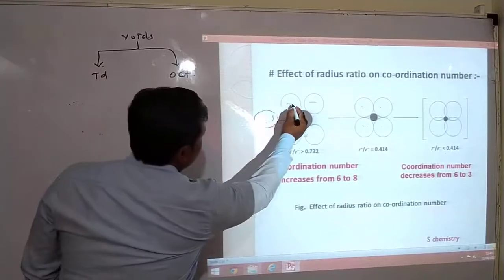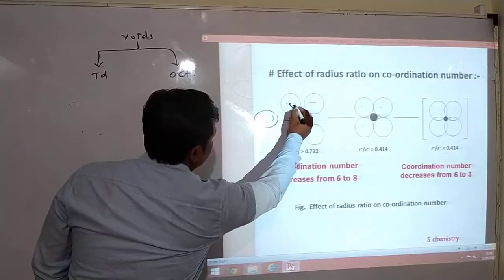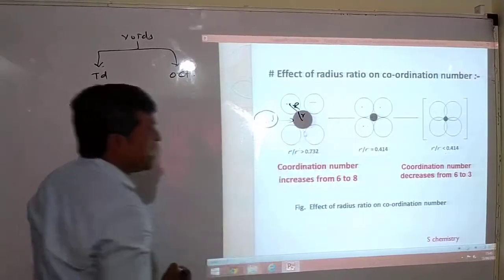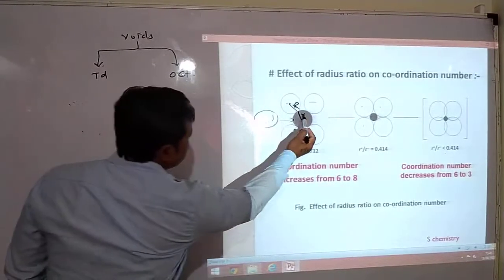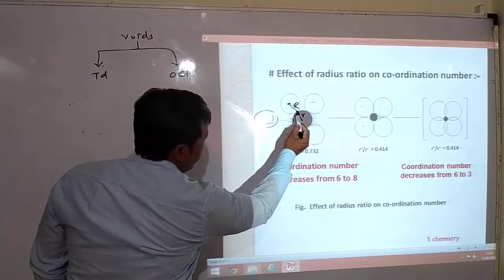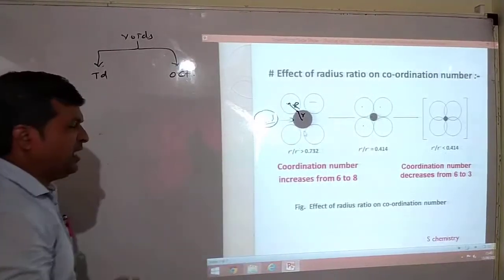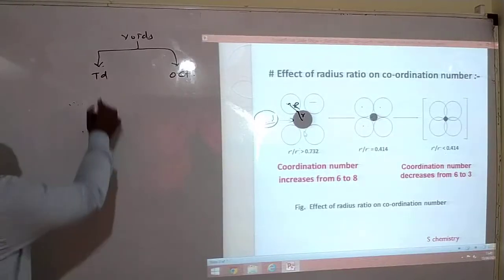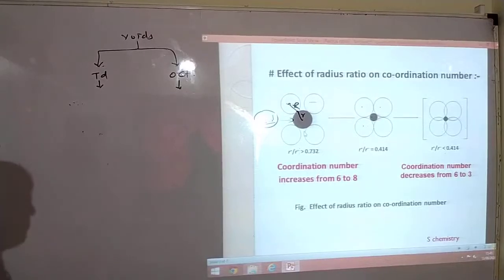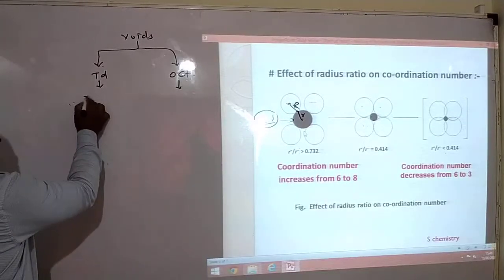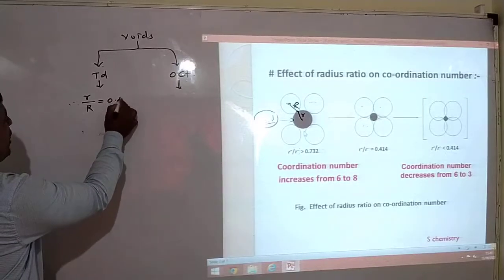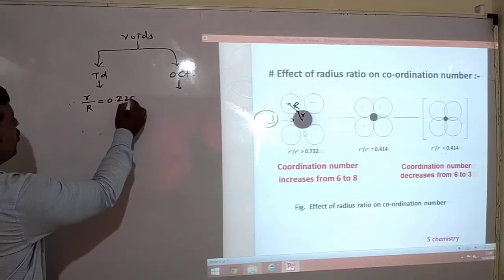Small r is the radius of the void and capital R is the radius of the sphere forming the void. For tetrahedral and octahedral, what is the relation? For tetrahedral, small r divided by capital R is equal to 0.225.